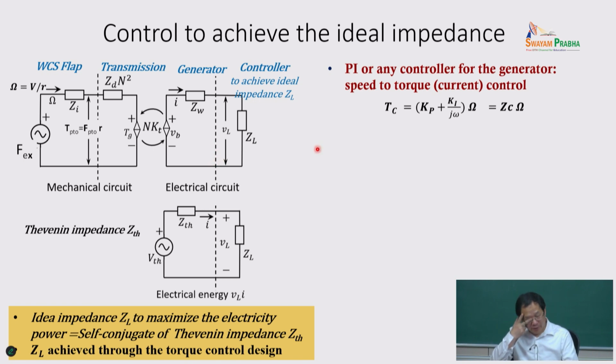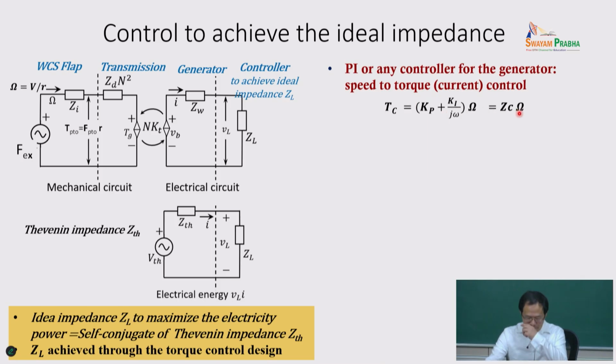So now, how are you going to use control to achieve the ideal input impedance? Here, I want to highlight one case, a very simple understanding. You measure the generator's velocity, omega, right? You want to control the torque or control the current.